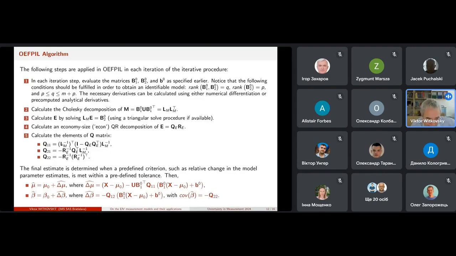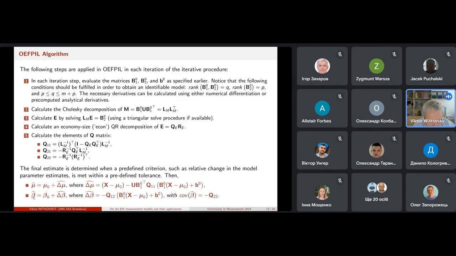the auxiliary matrix Q, which consists of those submatrices. And finally, if we calculated this matrix Q, we can evaluate the locally best linear unbiased estimate of the unknown parameters of the input quantities, which is expressed exactly here.